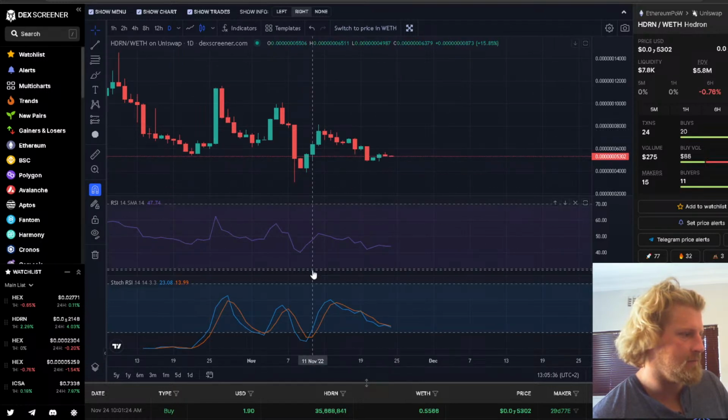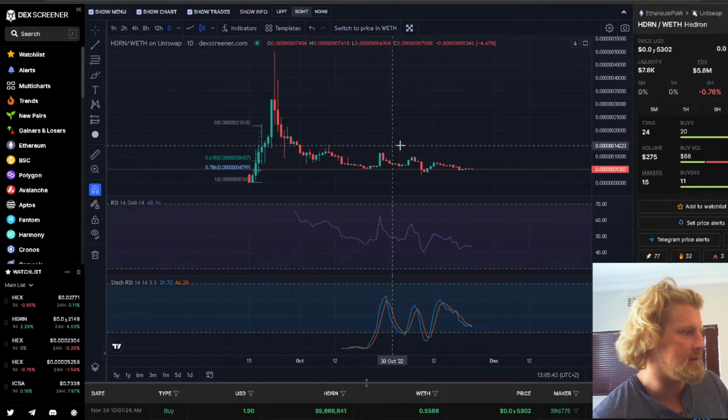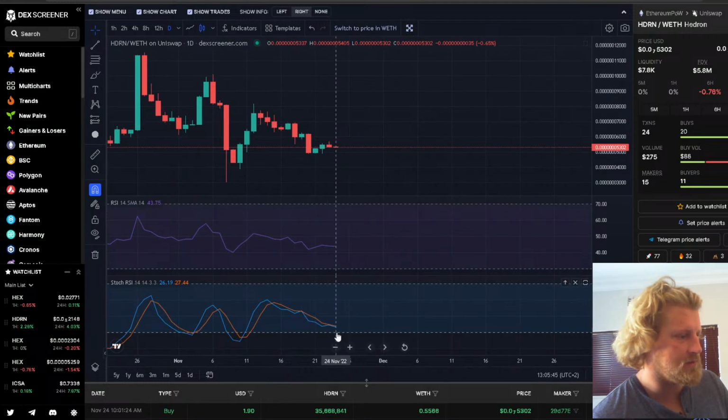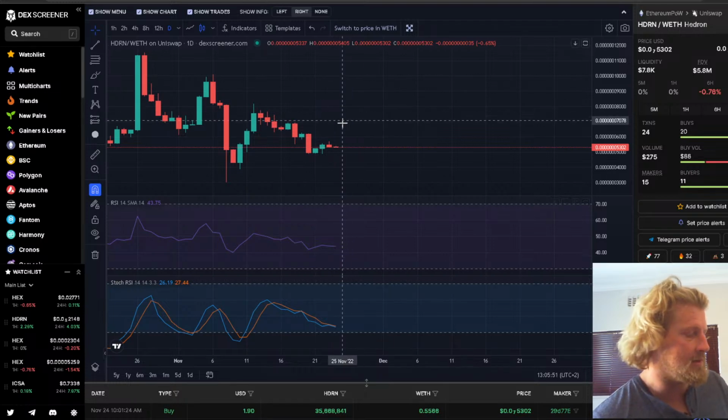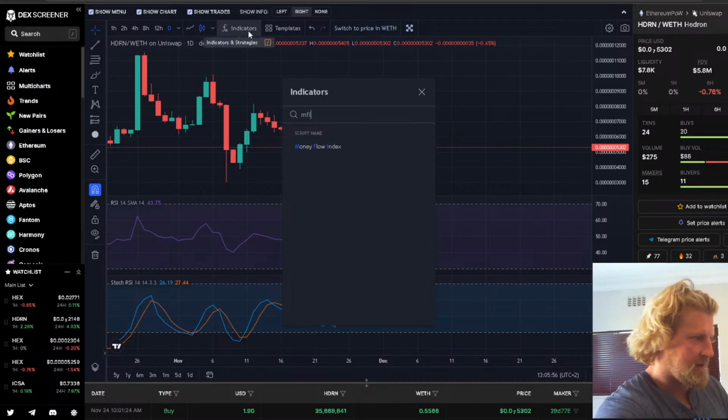We have, is this 39 and 40? Okay, so no divergences here. Although Hedron has a little bit more room to go down because the stochastic is higher than it was with Hex. The RSI is pretty much in the middle of its range. Let's look at the MFI, the money flow index.